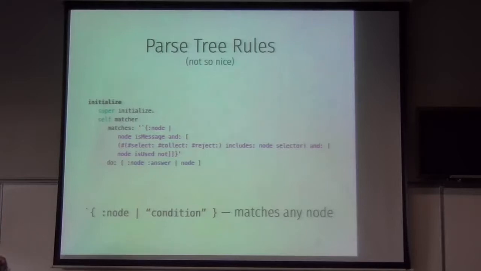And this means that it will match any node and then it will run the code inside, which is in a string right now, so it's really not easy to debug, let's say it like that. And then it checks whether the node matches what you have in the block. And you have a lot of rules like that. So it's like screaming, we need rules that check single nodes.